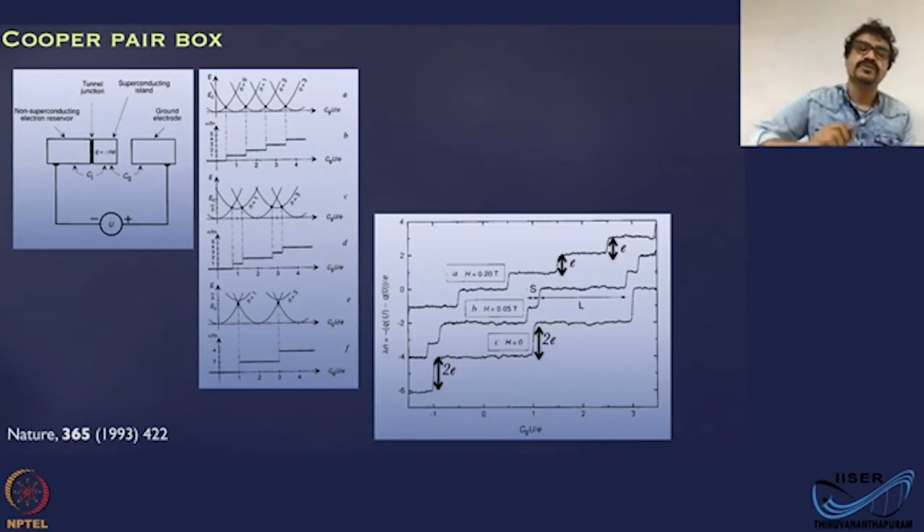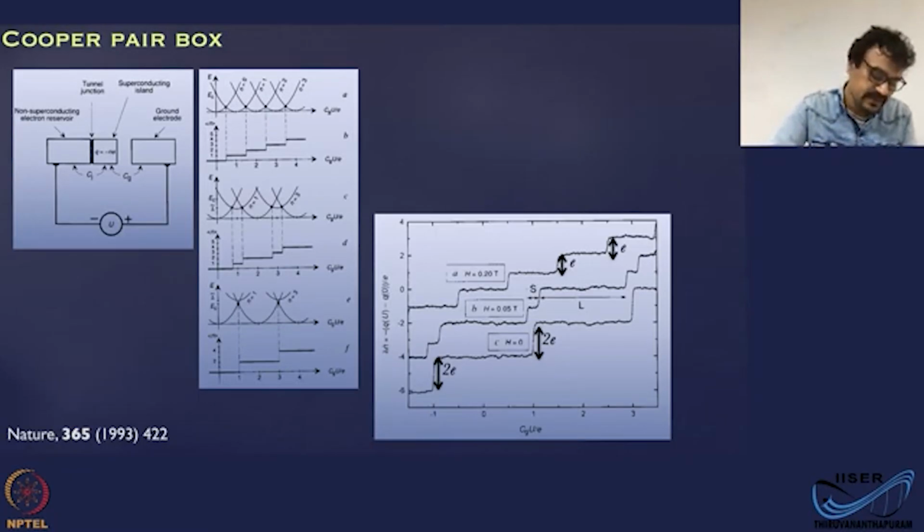So when you remove the field, the odd numbered parabolas will not be in the available energy window, because those require electrons to be present in the system. But when you don't have a magnetic field, it's a superconductor, and you don't have any electrons, and you have only Cooper pairs, so those will go up in energy, and that is what is happening as you vary the field.